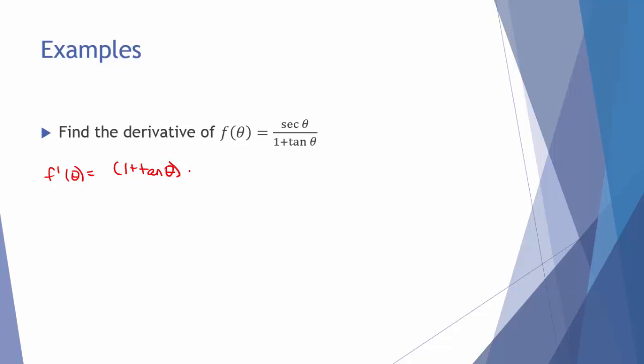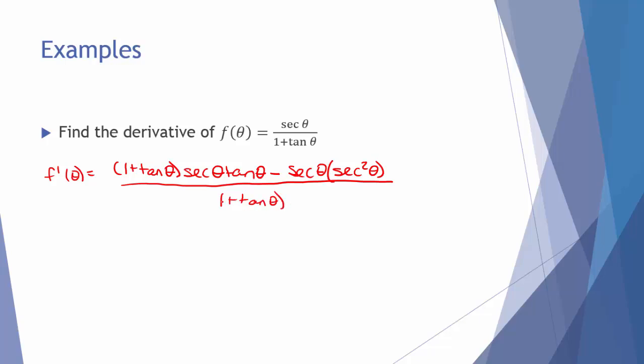The derivative of secant theta is secant theta tangent theta, minus the numerator, which is secant theta, times the derivative of the denominator. Well, the derivative of 1 is 0, and the derivative of tangent theta is secant squared theta. And then that will all be over 1 plus tangent theta, that whole quantity, squared.